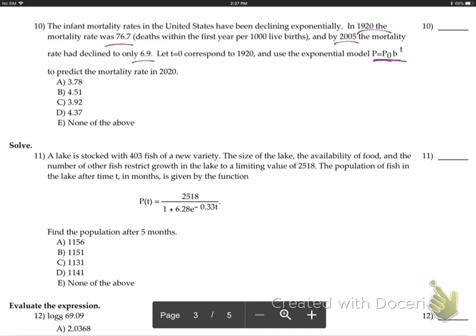More kids are surviving, infants are surviving. The rate of survival is going up, but not linearly. Even better, exponentially. The medical science improvement is making infants survive birth way more, exponentially going up, not linear growth.